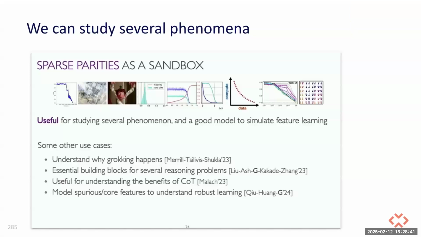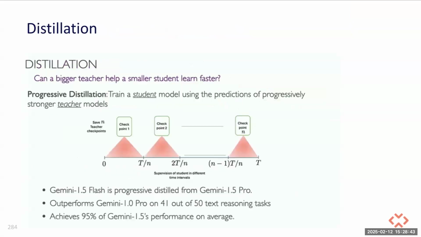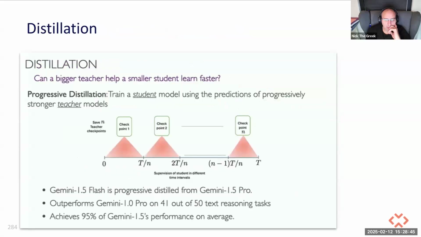What are the relative sizes of the Flash and the Pro? It's probably significantly smaller. I don't have it offhand, but I wouldn't be surprised if it's like 10 times smaller, because usually that's the difference between the Pro and the Mini, as they call them.